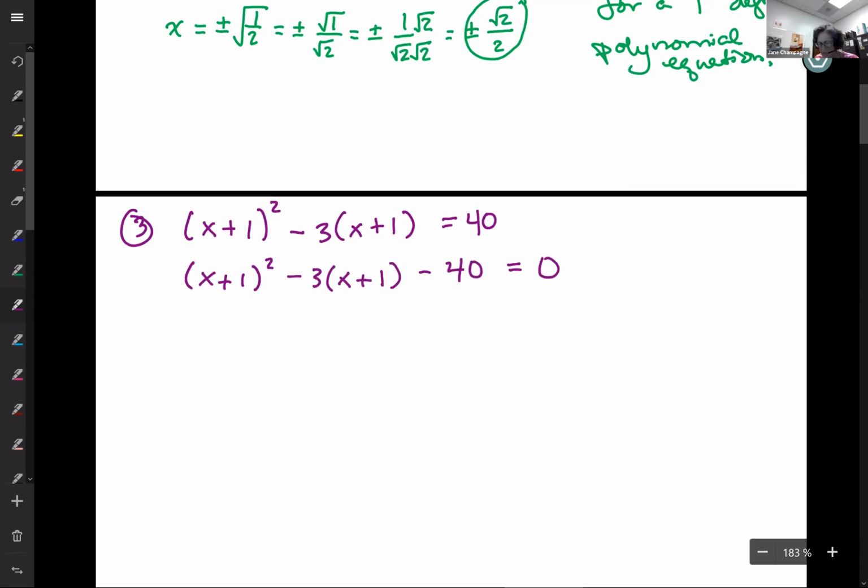But instead of just x squared, we have x plus 1 squared. And instead of just x in the middle, we have x plus 1. So let's just replace that with u, right? So then u squared is x plus 1 squared, and the equation becomes u squared minus 3u minus 40 equals 0.